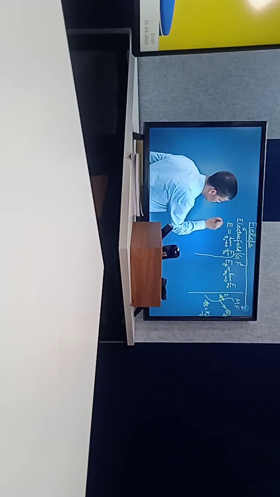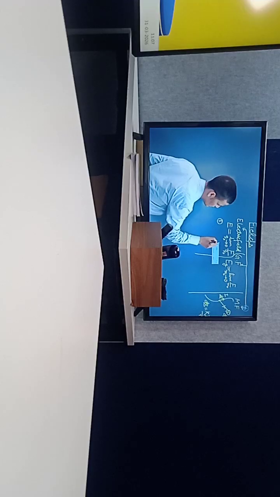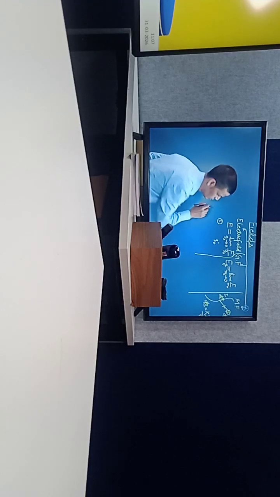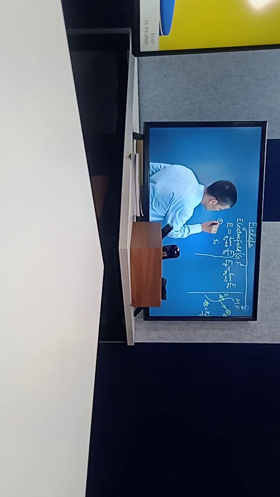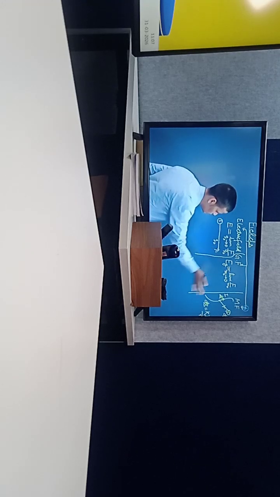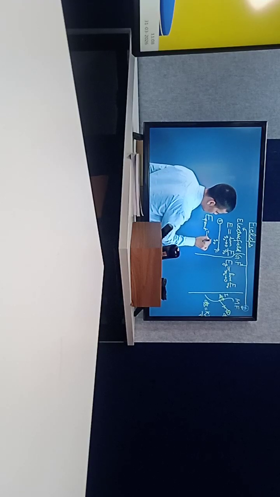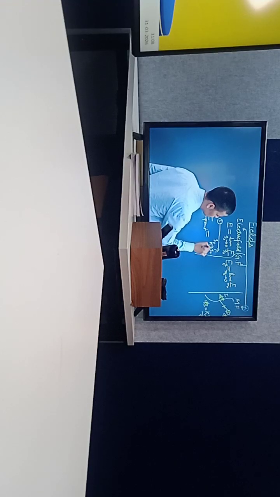Okay. If we talk about a small point charge and we place this test charge in the vicinity of it, then due to electrostatic repulsion it will experience a force this way. So E due to point charge is going to be k q q naught by r square divided by q naught. So it is k q by r square.